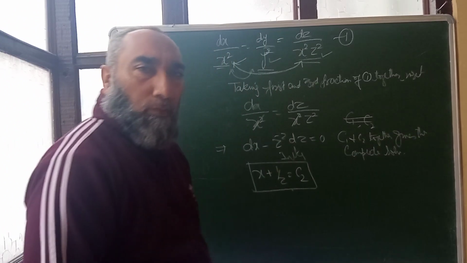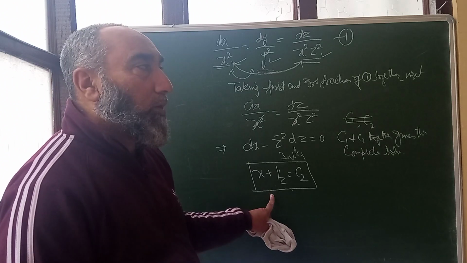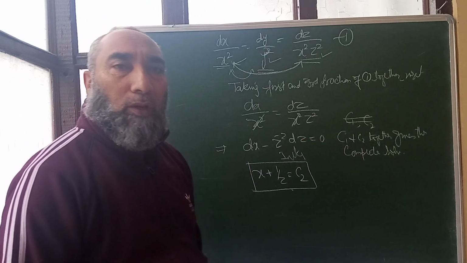For simultaneous equations you have to find two solutions, in x and y. You are getting two solutions in terms of u and v.